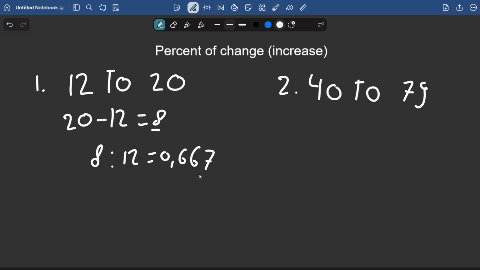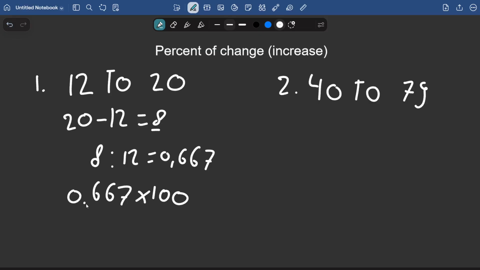After that, because now we created the decimal number but we need the increase percentage, what we do with the decimal 0.667 is multiply it by 100. And I got a simple trick for this.